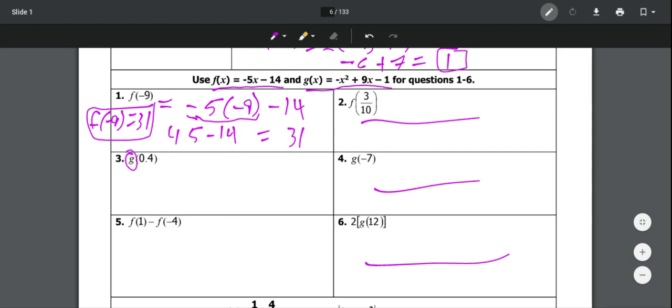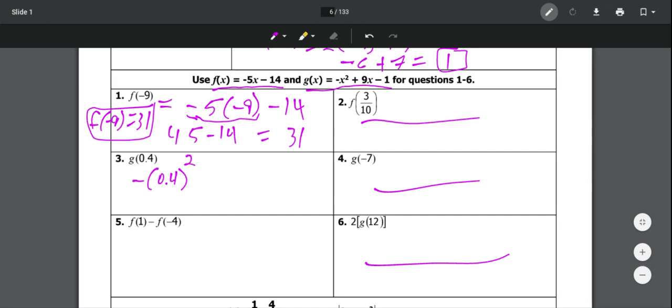So let's do one where there's a g. g does nothing but change this equation, or tell us that we're using that equation now. So wherever we see an x, we're going to plug in this 0.4. So we've got negative, and then you plug in 0.4 and keep your negative sign outside of that 0.4.